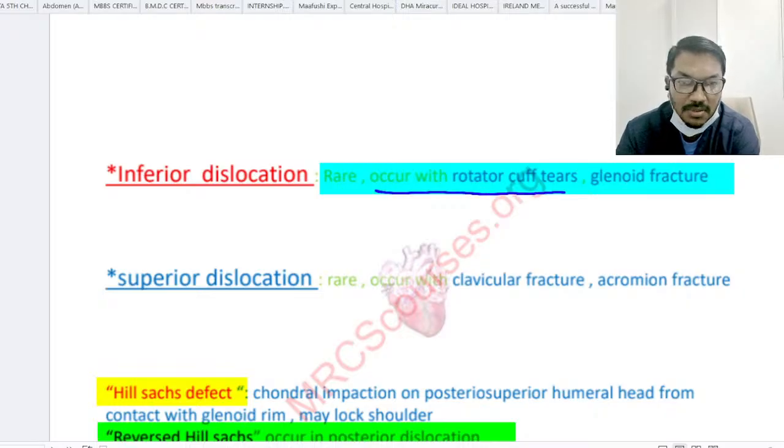What are the muscles in the rotator cuff? By reading more and more.